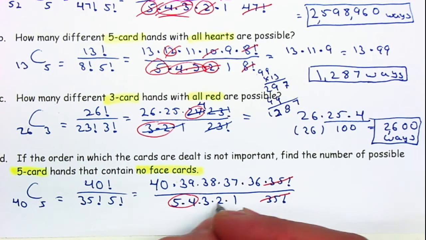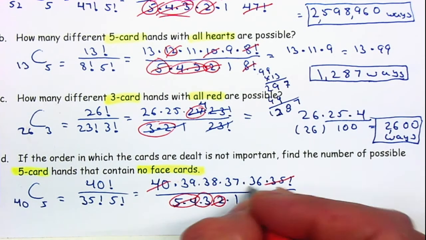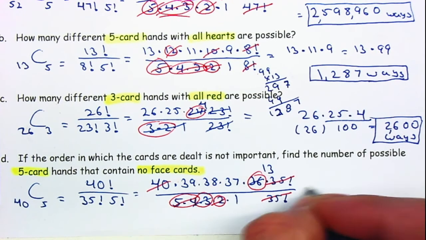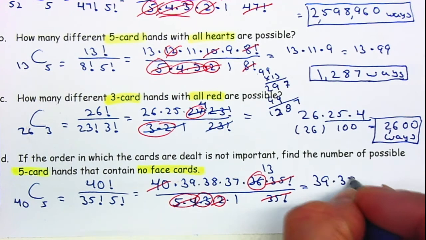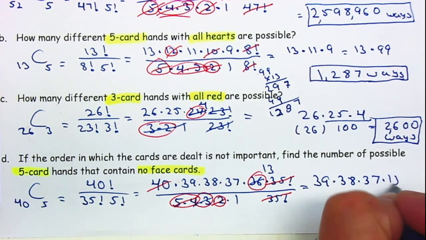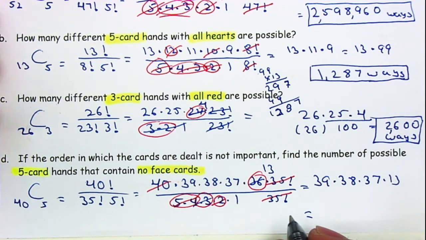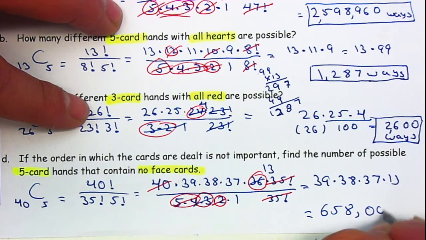See, 5 times 4 is 20, and times 2 is 40. I can reduce my 3 and my 36. That'll give me 13. Therefore, I'm going to have 39 times 38 times 37 times 13. And once I multiply it together, that'll give me 658,008 ways.